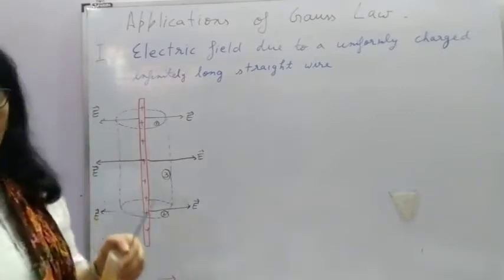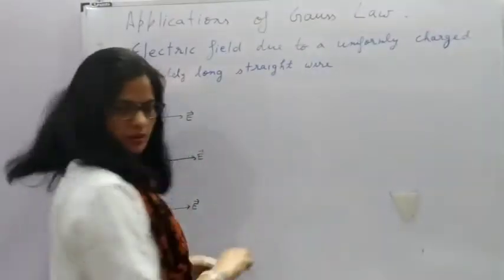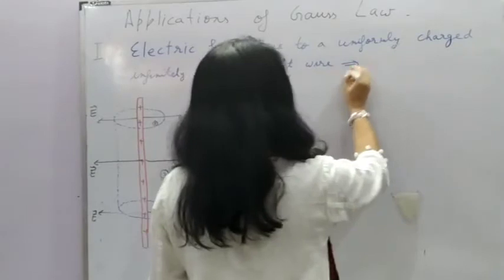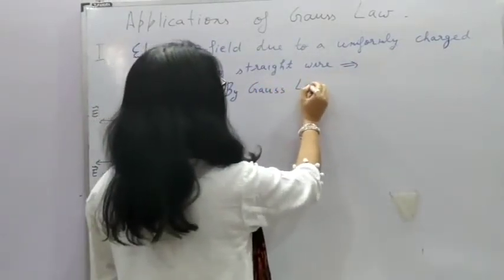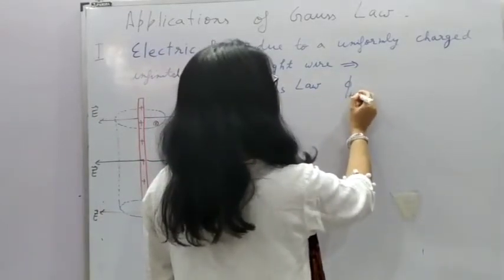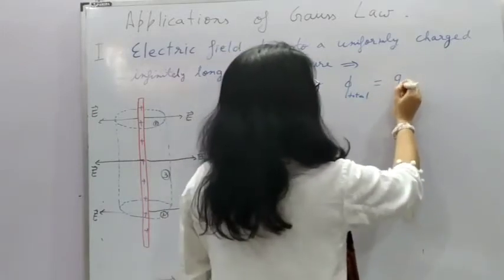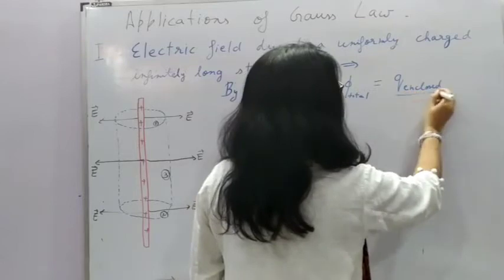By Gauss theorem, we all know the total flux is equal to the charge enclosed upon epsilon naught.